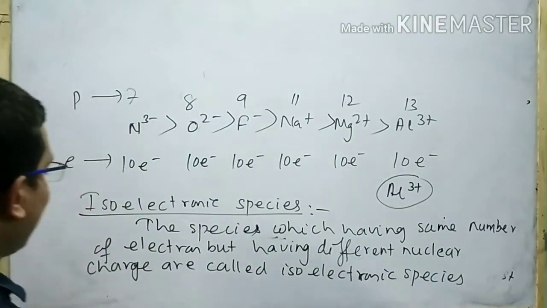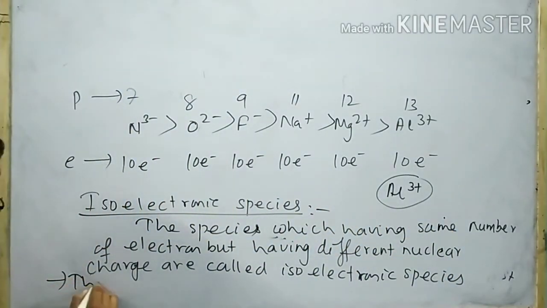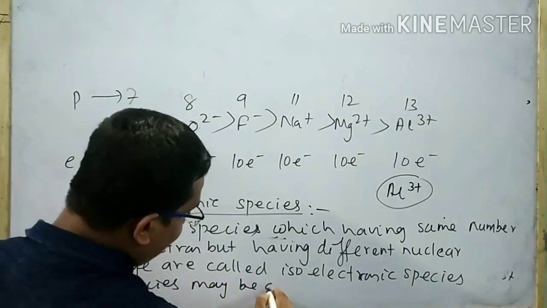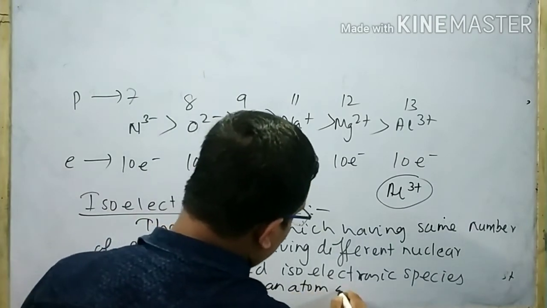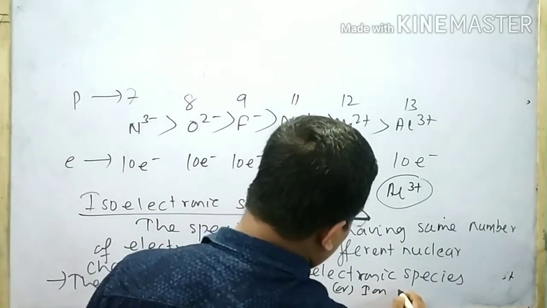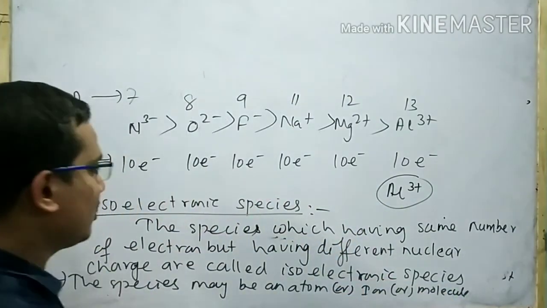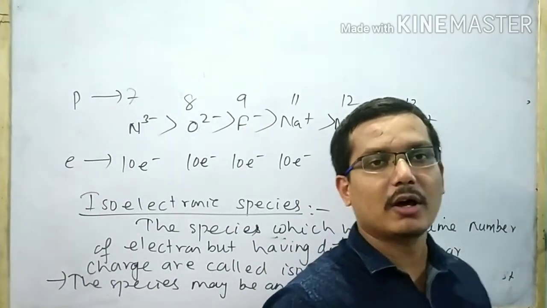The species may be an atom or ion or molecule. That means isoelectronic species may be an atom or ion or molecule.